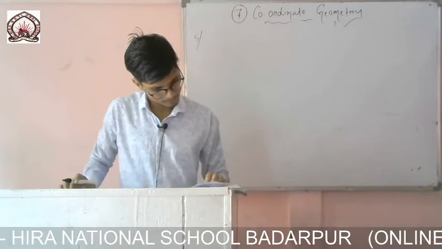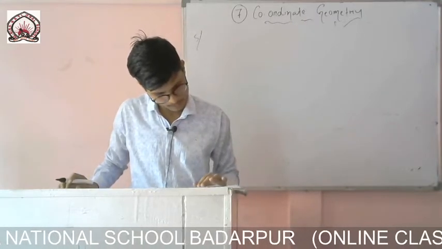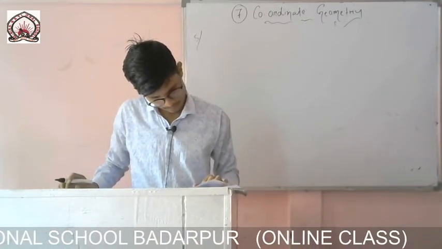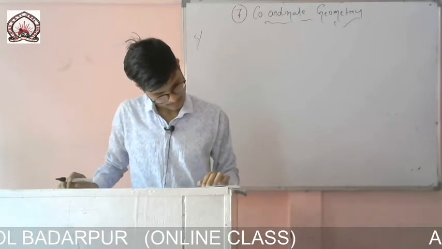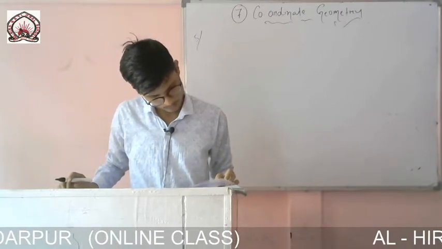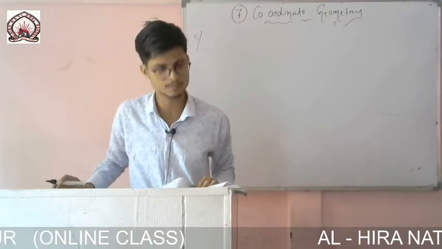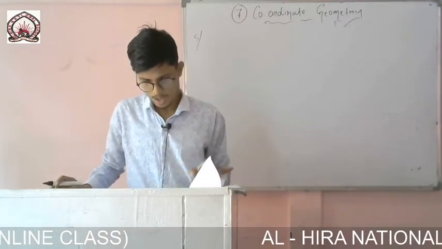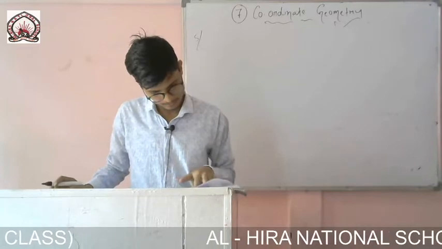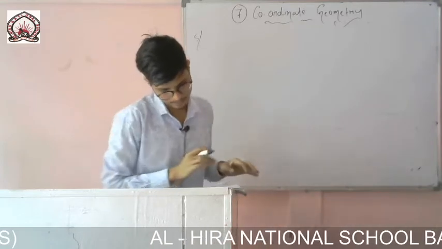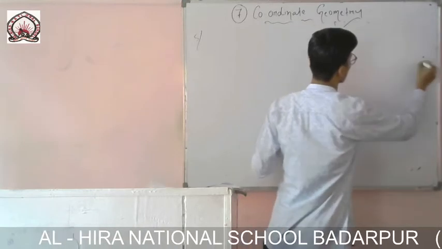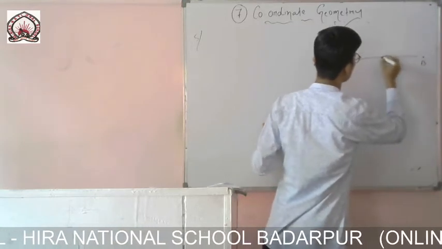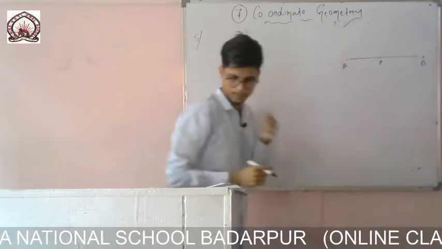Question number 5 is given: find the ratio in which the line segment joining the points is divided by the x-axis. Also find the coordinate of the point. So if it is divided by the x-axis, that means the y coordinate will be 0, okay. And the line AB is given, divided by a point, okay, P we are taking.